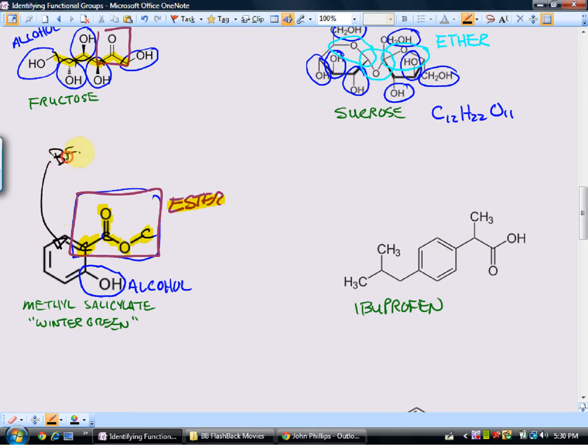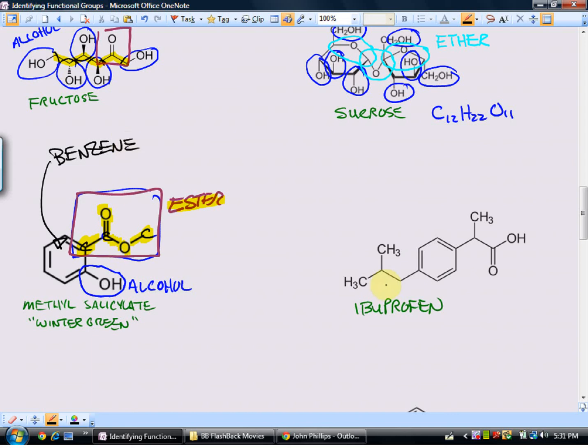We've got the benzene ring. Really a common structure that appears in many, many molecules. All right, so essentially what we're doing now is we're using our skills to dissect a complicated molecule into its functional groups.